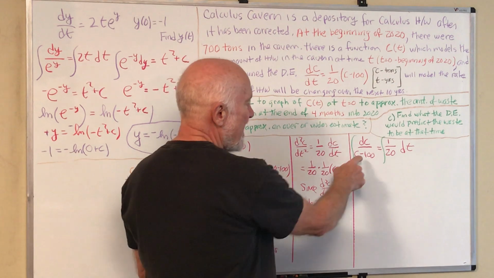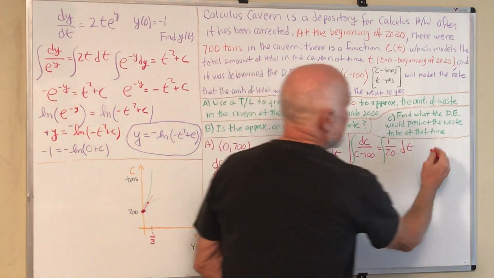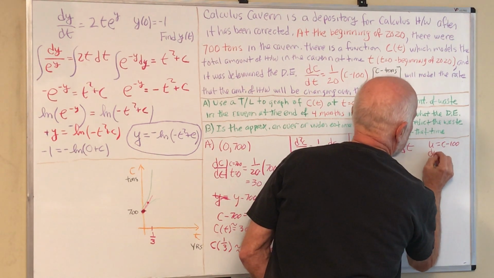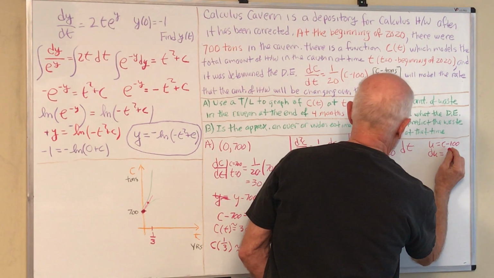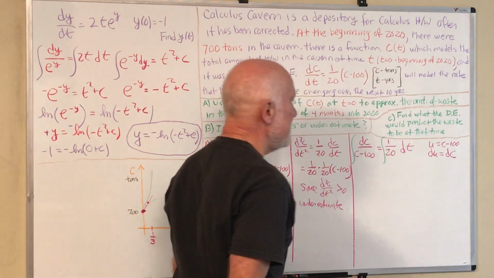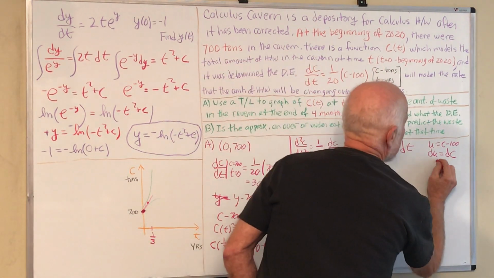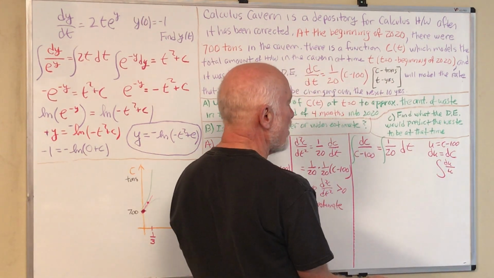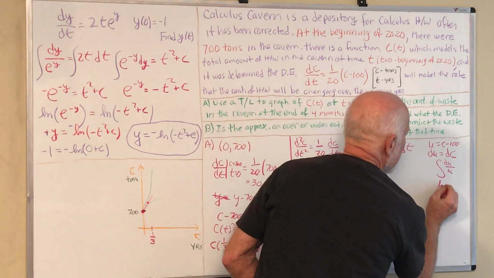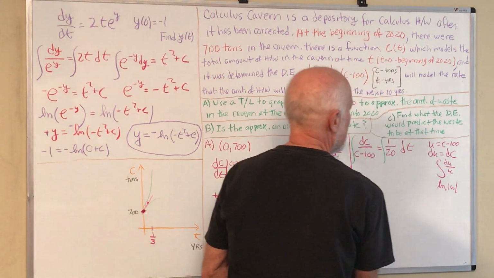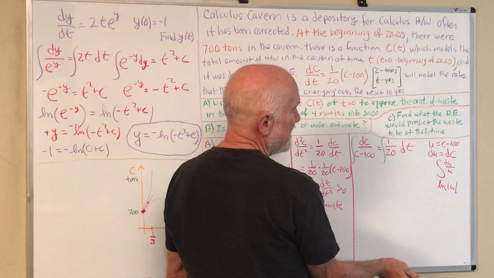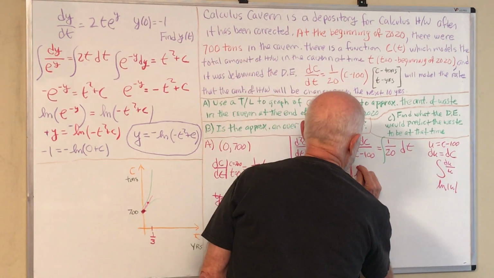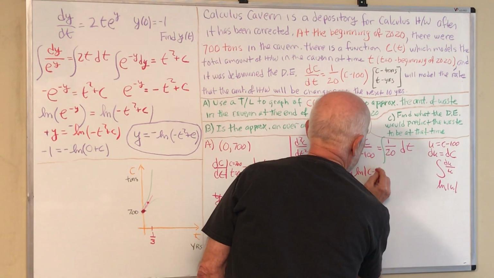Now, this side, if you want, you could let u be c minus 100, du equals 1 dc, and you'd get du over u, which is the natural log of the absolute value of u plus c, and then you put u back in and you get the natural log of c minus 100.